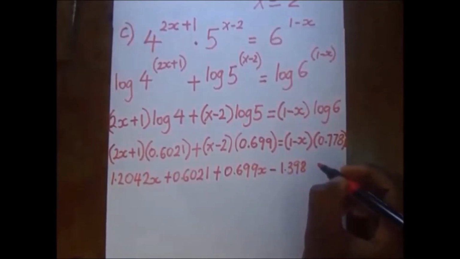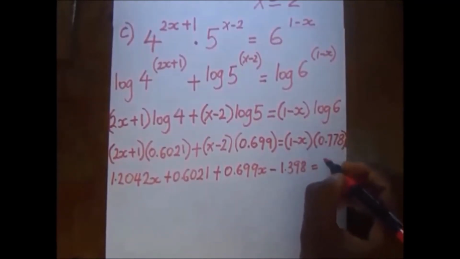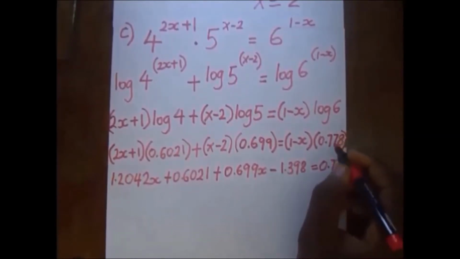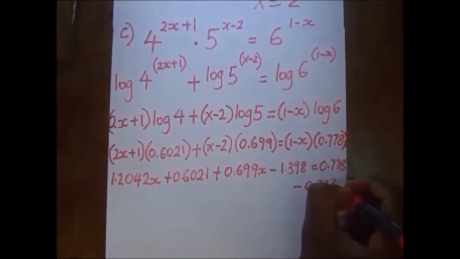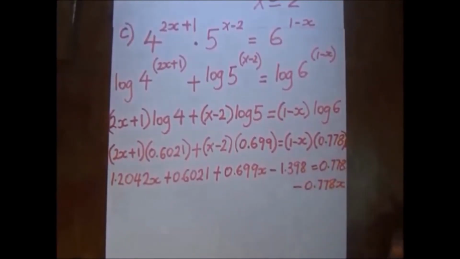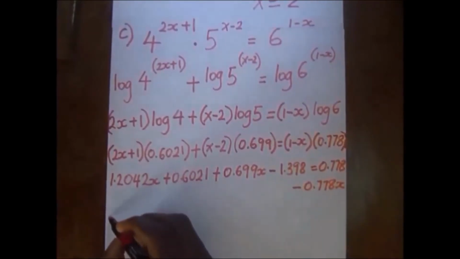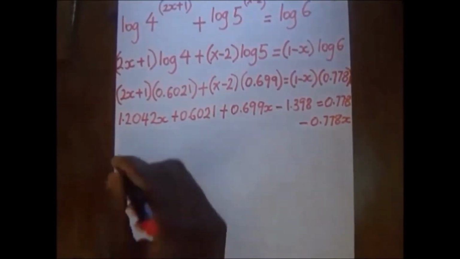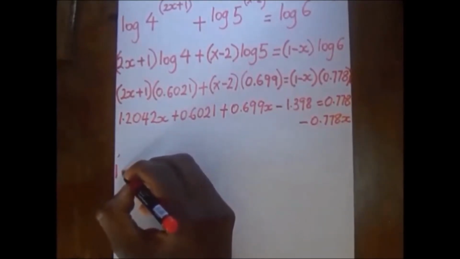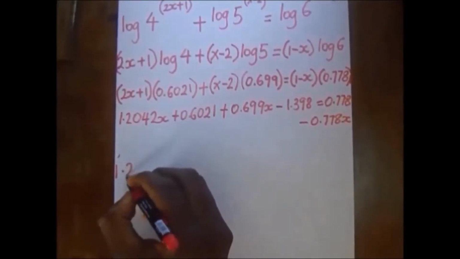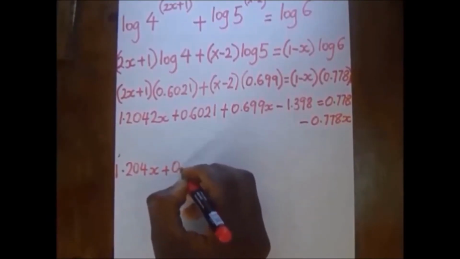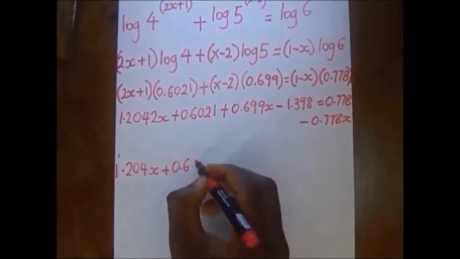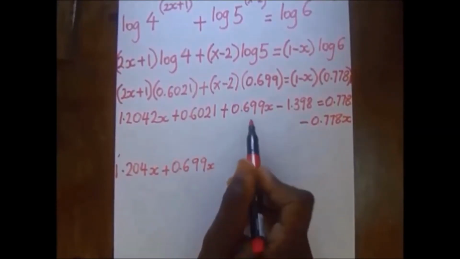That is going to give us this times that, which is 0.778. Then this times that is minus 0.778x. So the answer, when we collect like terms, we shall end up with 1.204x plus 0.699x, which is that one.